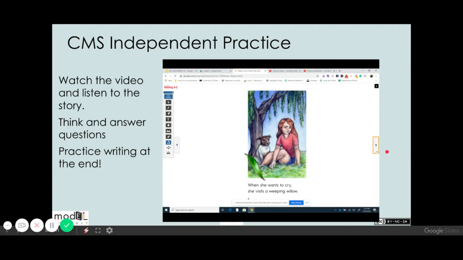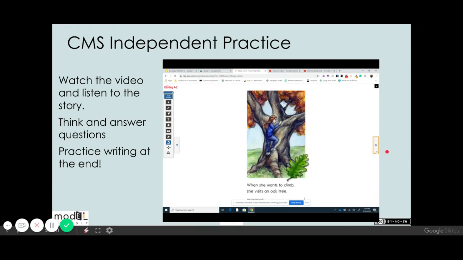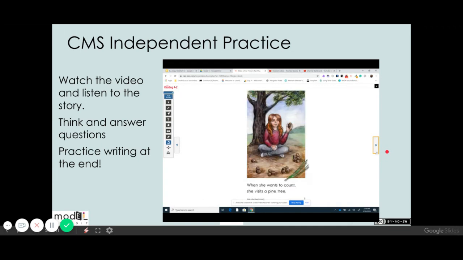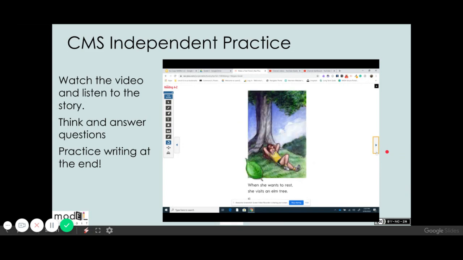When she wants to cry, she visits a weeping willow. When she wants to climb, she visits an oak tree. When she wants to think, she visits a birch tree. When she wants to count, she visits a pine tree. When she wants to rest, she visits an elm tree.